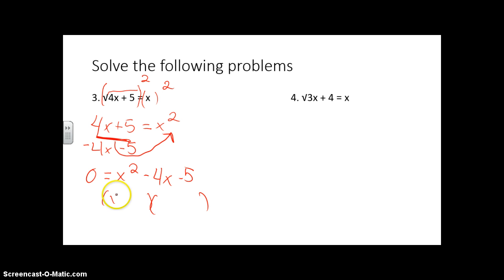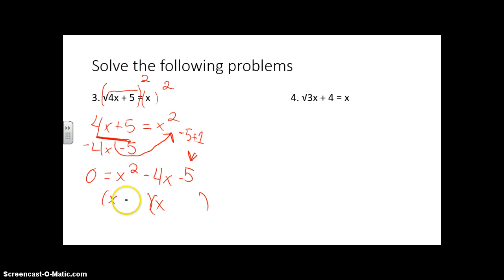x squared gives me x and x. What two factors give me 5 but also add to give me negative 4? Well, that's going to be 5 and 1. Whoops, it's going to be a negative 5 and a positive 1.